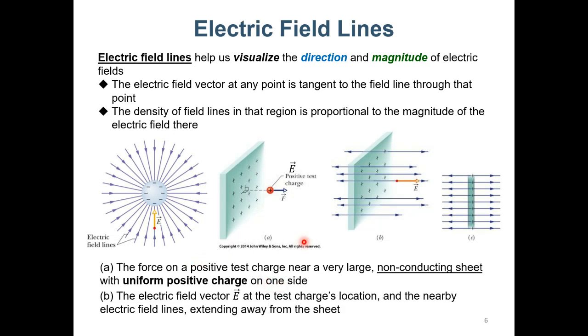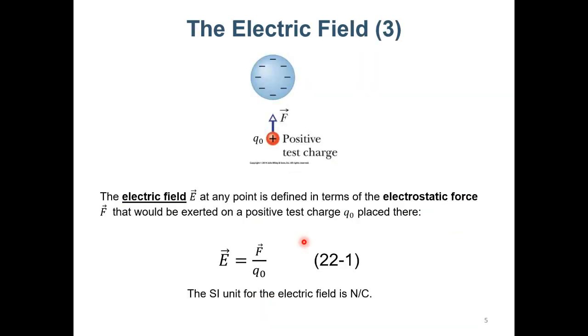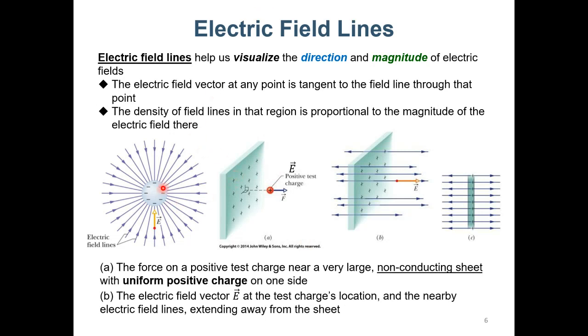And actually, what we need to care about is that when the charge is negative, the E field is pointing towards this particle, and if this charge is positive, the E field is pointing outwards.